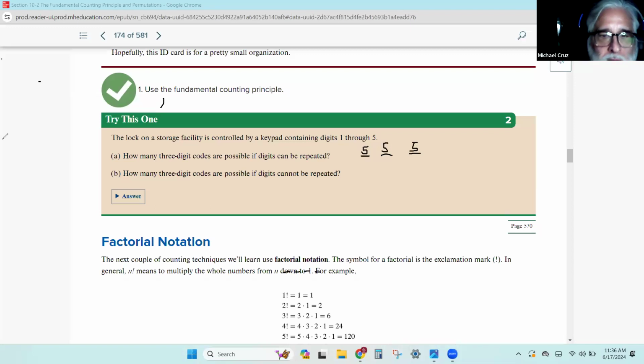If they cannot be repeated, then we're going to subtract.